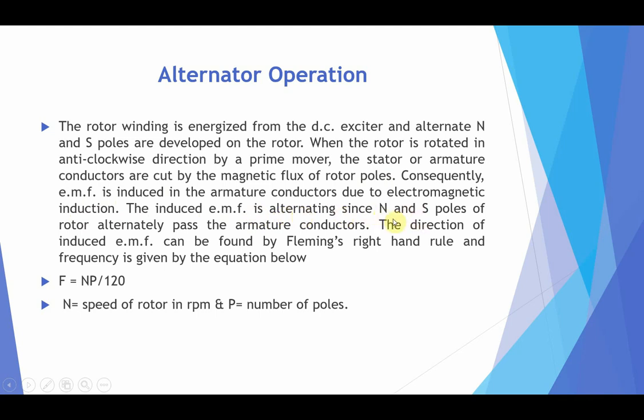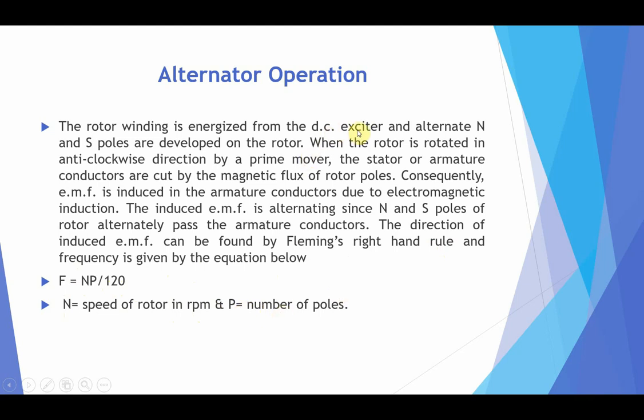Since N and S poles of the rotor alternately pass the armature conductor, the direction of induced EMF can be found by Fleming's right-hand rule, and frequency is given by the equation below. F, frequency, is equal to N, speed of the rotor in RPM, times P, number of poles, divided by 120.